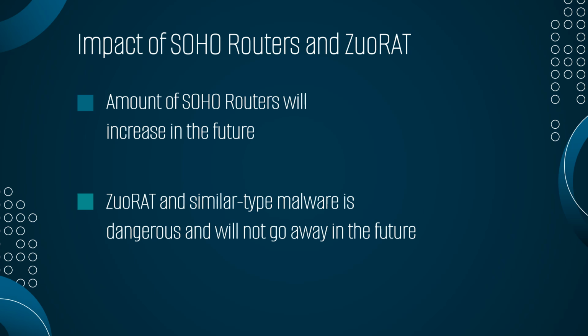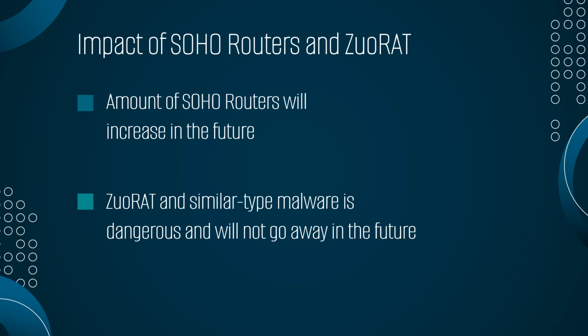SOHO routers are integral to homes and small businesses, and their prevalence is expected to increase with the rise of remote work. The key points of ZuoRAT is that it infiltrates routers via an executable, installs an agent, and conducts LAN enumeration to capture and exfiltrate data. This setup facilitates the creation of botnets by threat actors.